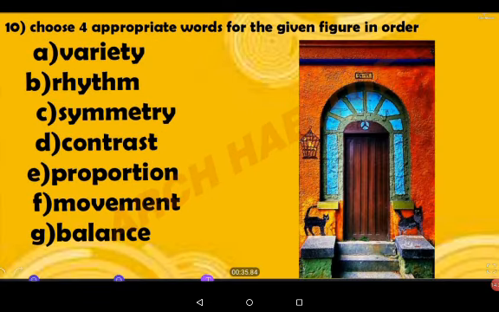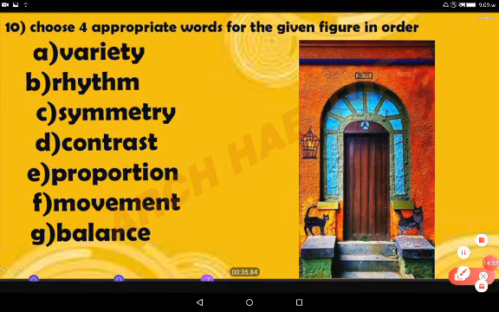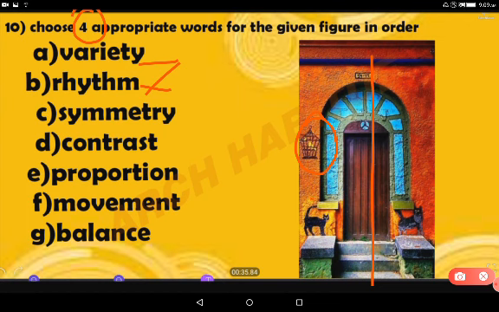Mistakes come by. This is actually 11th question. Okay, we can see some variety. There is no rhythm. We should choose appropriate terms. There is no symmetry because of this cage and difference in the cats. So there is no symmetry.